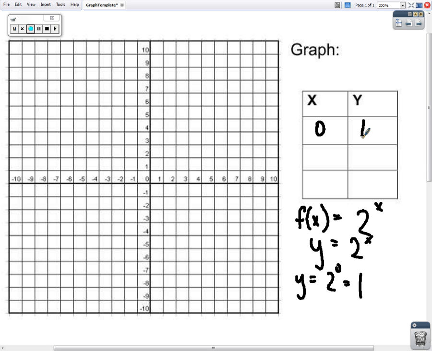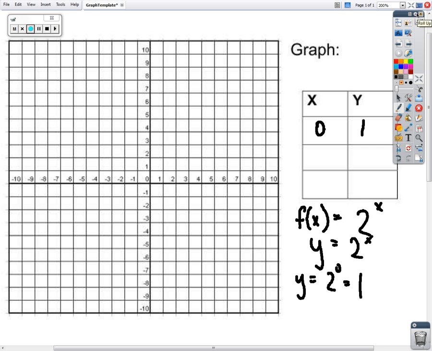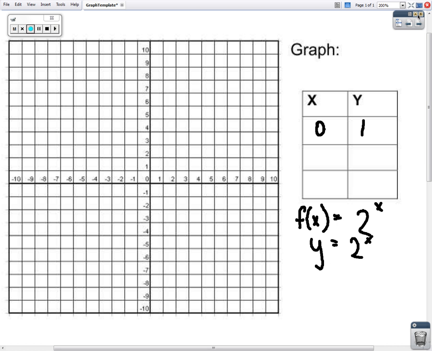And I am not going to have a whole lot of screen space to write on here, so let me erase this and do the next point. So now I'm going to do x equals 1. So I've got y equals 2 to the first, which is 2, right?